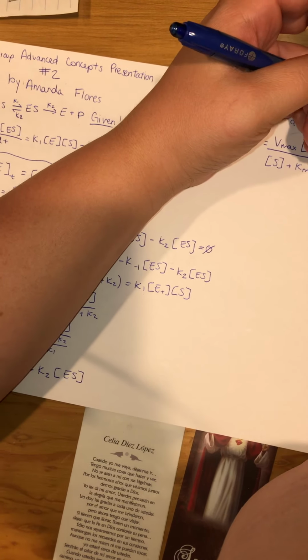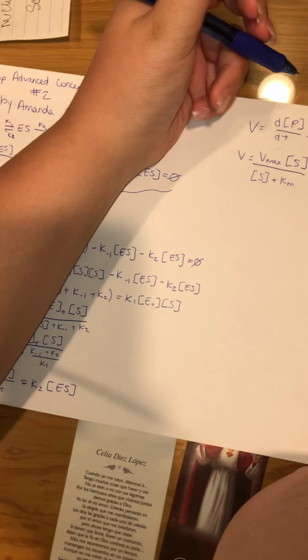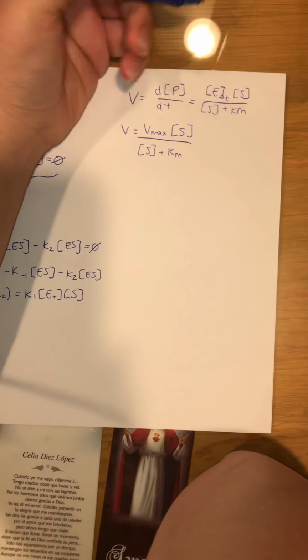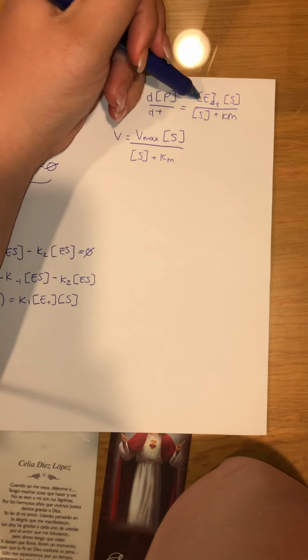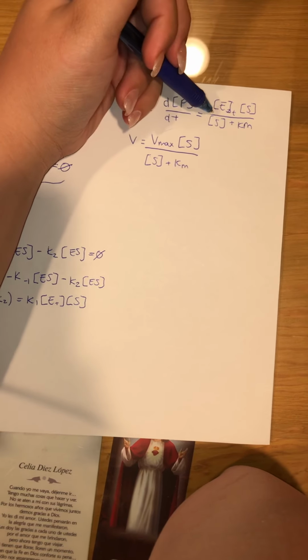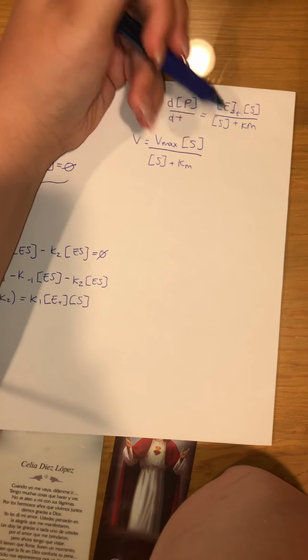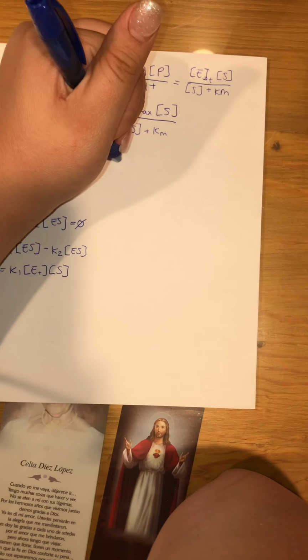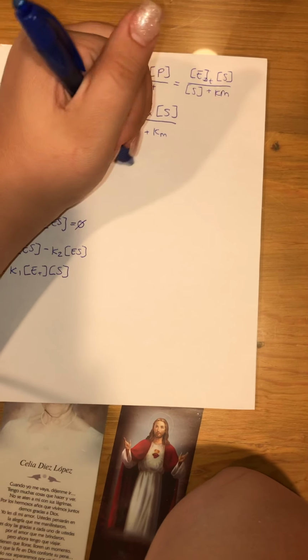So if E of S, which is the enzyme substrate, is equal to the enzyme total, meaning that all the enzyme is saturated with the substrate.